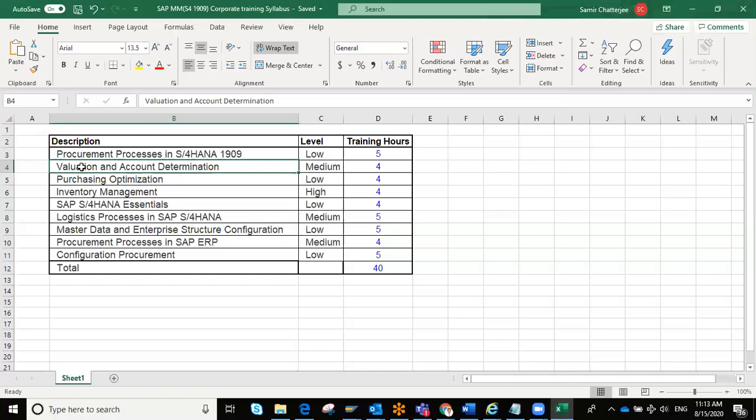Here we have got a new thing in S4HANA. We have made material ledger mandatory. So there we need to calculate how to do this price calculation using the material ledger. Material ledger is essential for application of product pricing at multiple currencies.